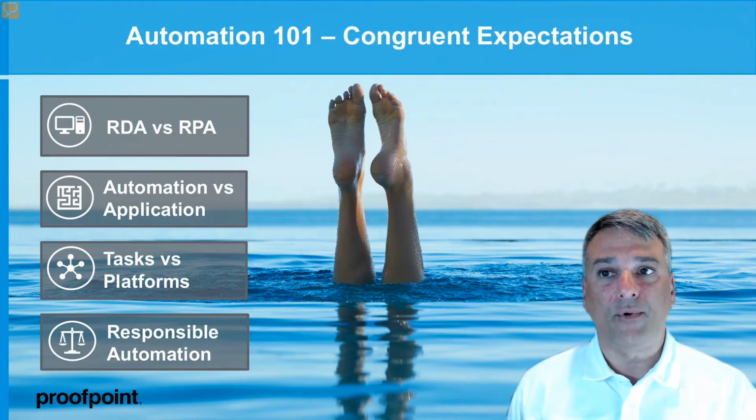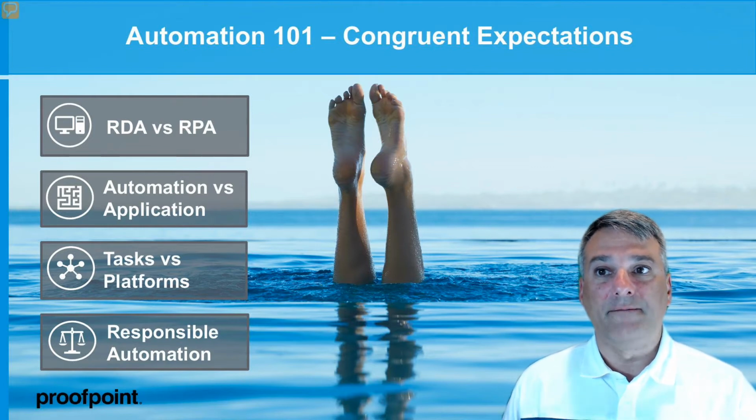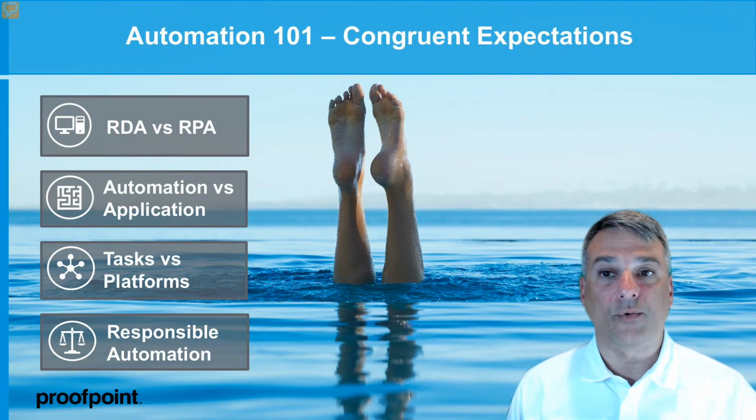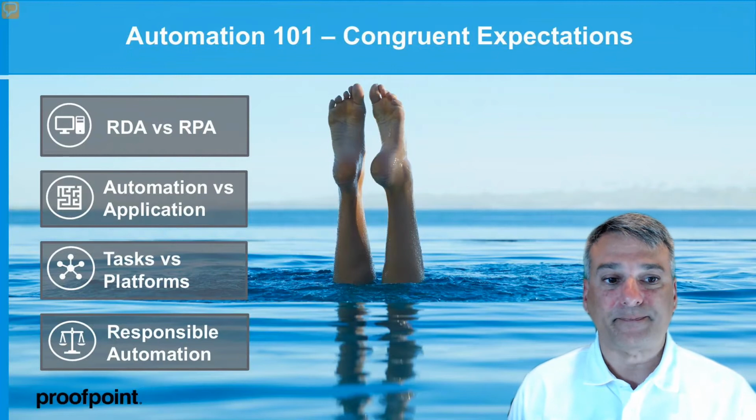If you think of remote desktop automation, RDA, as your Excel macros, or things that you do on a daily basis on your desktop that uses your ID and you control it, that's a very different animal than robotic process automation, or RPA, which runs as a scheduled task off a server and uses a service account or a utility account. The security behind RDA is embedded in the permissions that your user ID has. With RPA, we have to be a little more careful about those permissions and security controls.